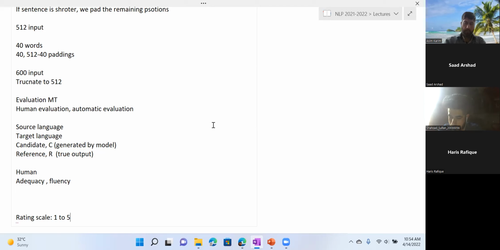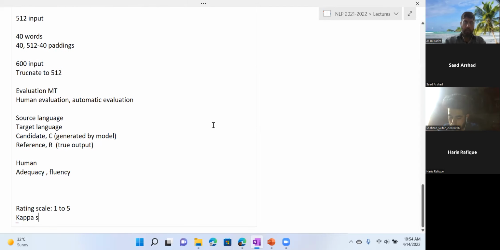For example, a kappa stat is often used for inter-rater correlation. You can look up kappa statistics, commonly used for evaluating the coherence or correlation between multiple annotators. And there are others as well, actually.